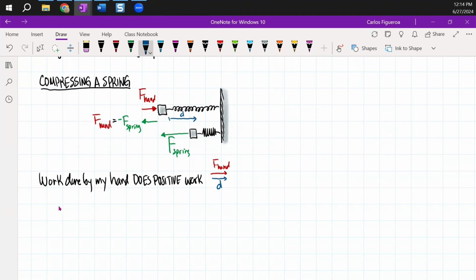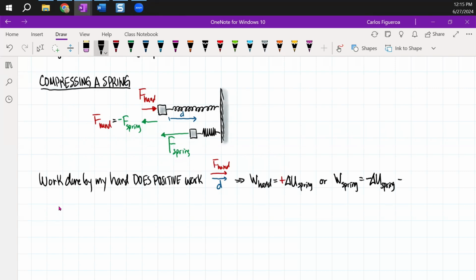So there's two ways to look at this thing here. We could say that the work of my hand does positive work and increases the energy of the spring. So the spring potential increases. Or equally, I could then say that the work of the spring is equal to the negative of the potential of the spring.